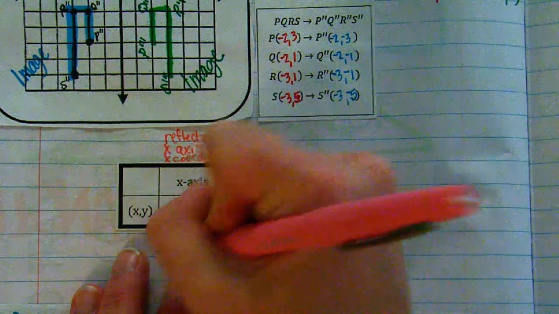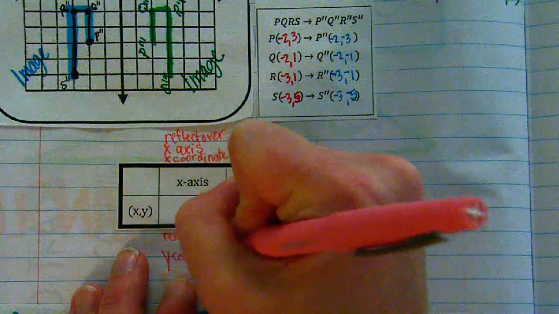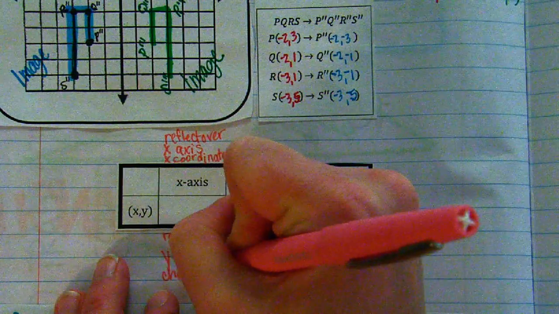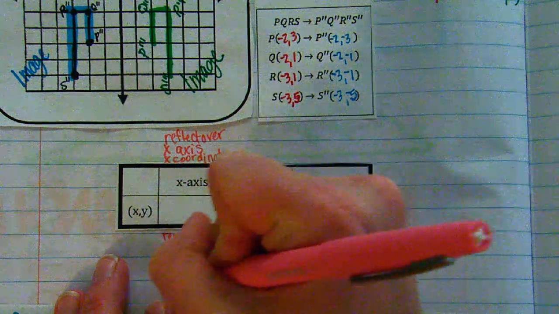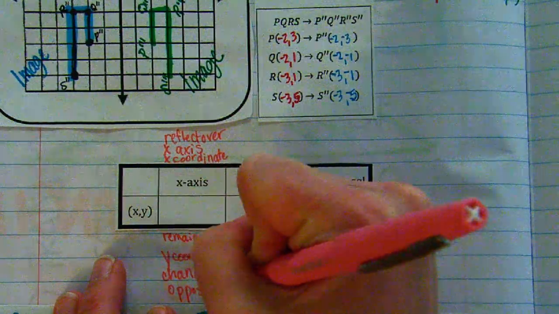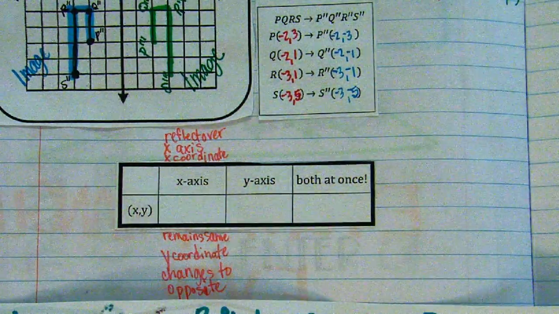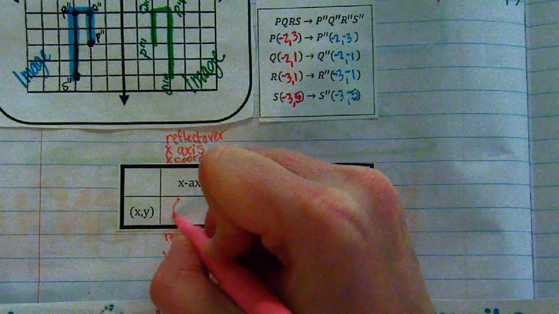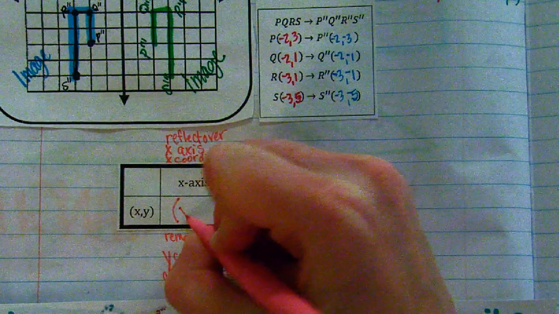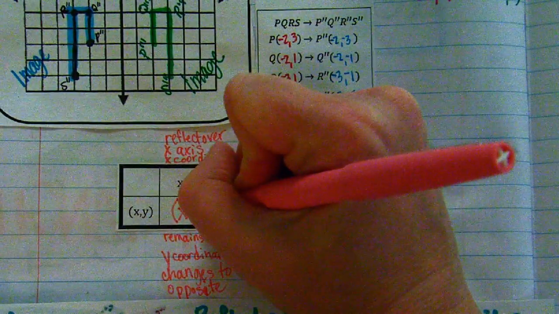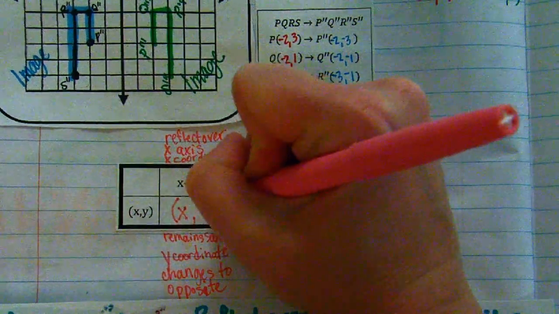And then the y-coordinate changes to its opposite. And that should be in your notes somewhere already. To write that using an ordered pair, we would say if it starts off as this, the x-coordinate is still the same, but to change the y-coordinate to its opposite, we would have the opposite of whatever number we already had.